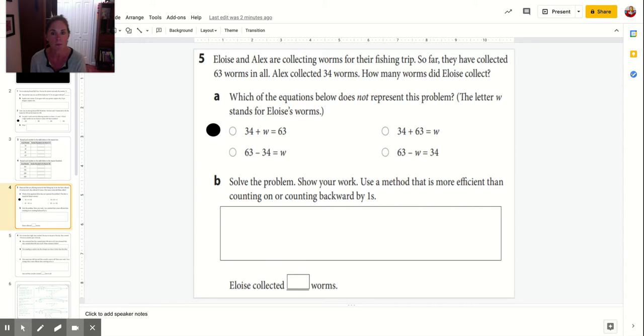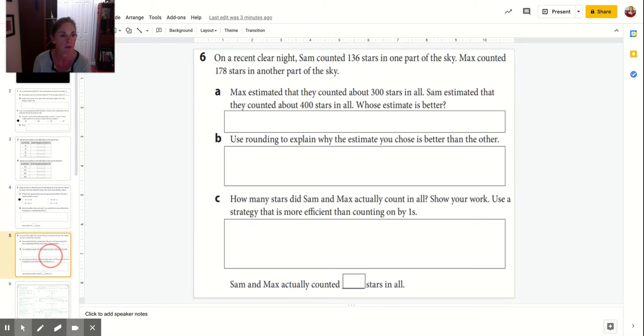And use a method that is more efficient than counting on or counting backward by ones. So if you can, show your work here how you figured out how many worms Eloise collected. Pause the video, do the work, and then when you come back, we'll do 6.